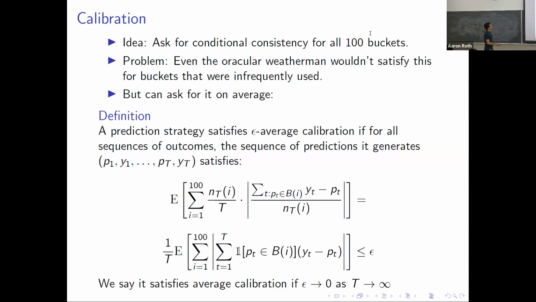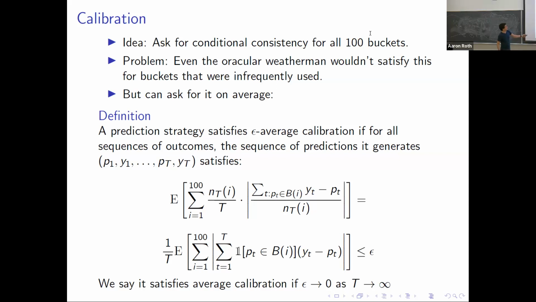So the oracular weatherman would pass this test, and you can prove this again with a Chernoff-Hoeffding bound, because the oracular weatherman has the property that whenever he predicts a 20% chance of rain, the expected value of the outcome, y, actually is 20%. That's what it means he's the oracular weatherman.